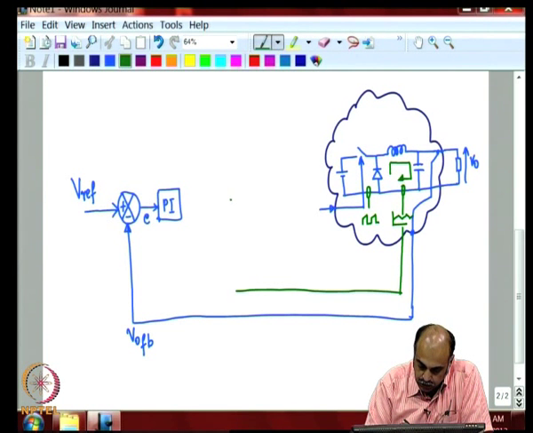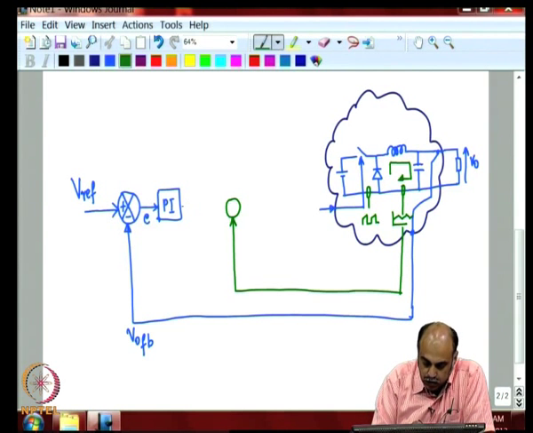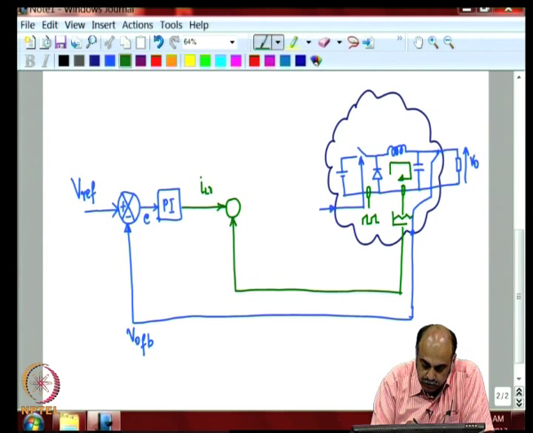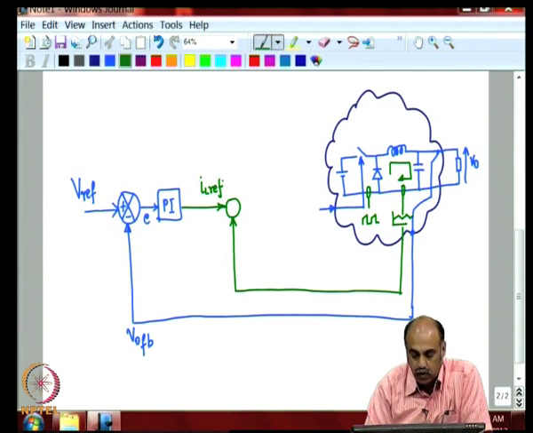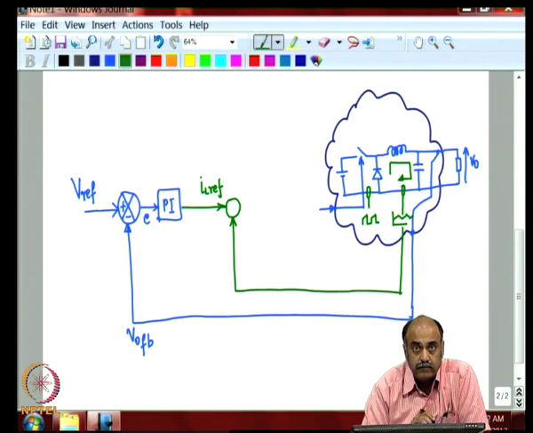and feed it to a comparator block, and let us say we get the current reference from the output of the PI controller block. Let us say this is the IL reference.